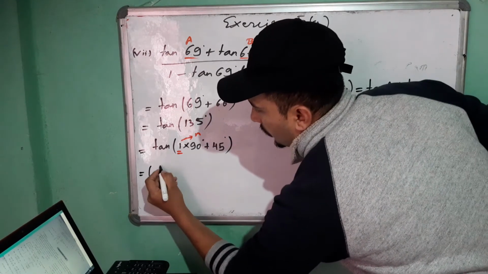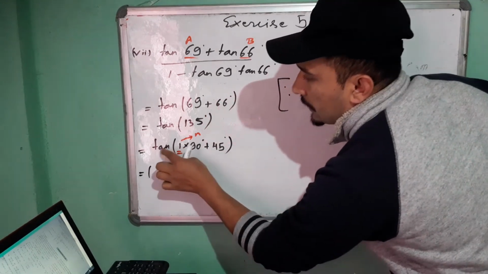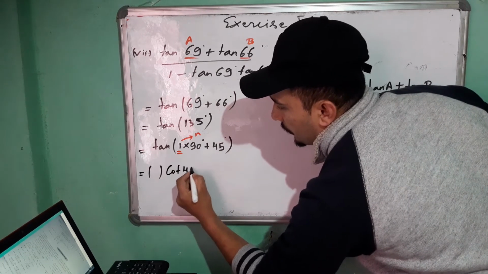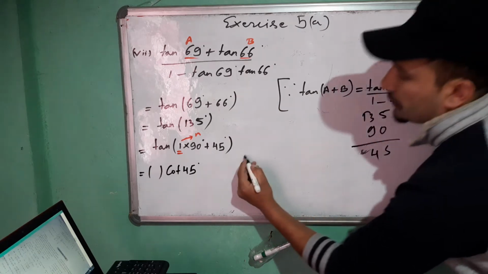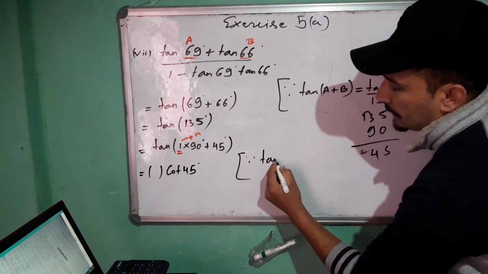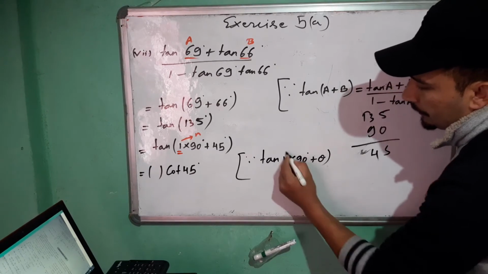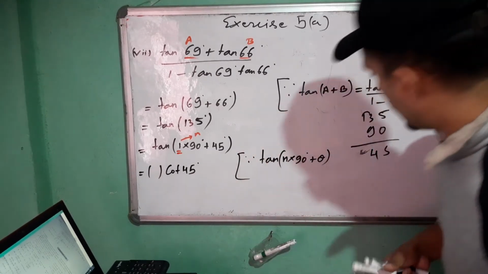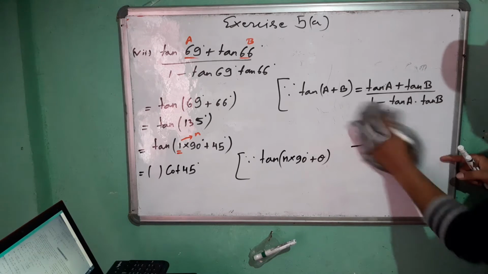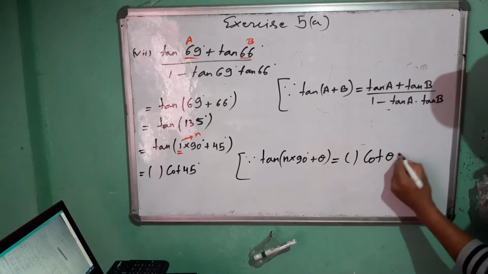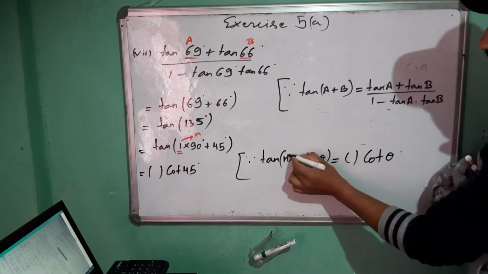So according to the formula, since n is odd, tan changes to its complement, that is cot, and 45 degree will remain, because tan(n into 90 degree plus theta) is equal to cot theta when n is odd.